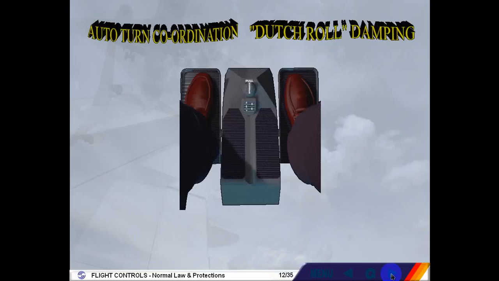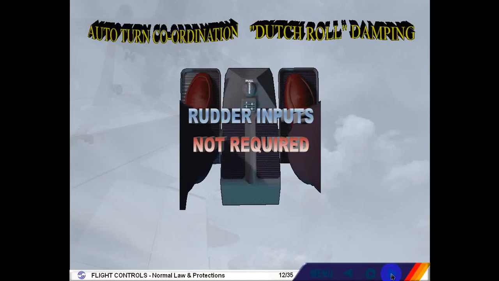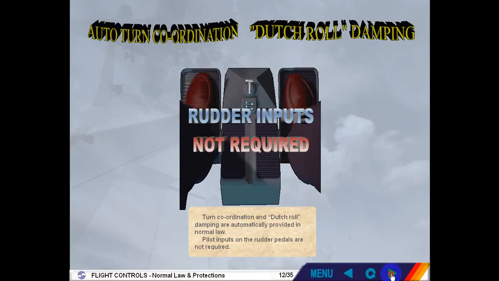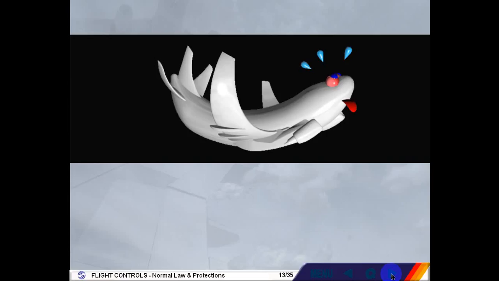Turn coordination and Dutch roll damping are automatically provided in normal law. Pilot inputs on the rudder pedals are not required. Normal law provides a number of airborne pitch protections.